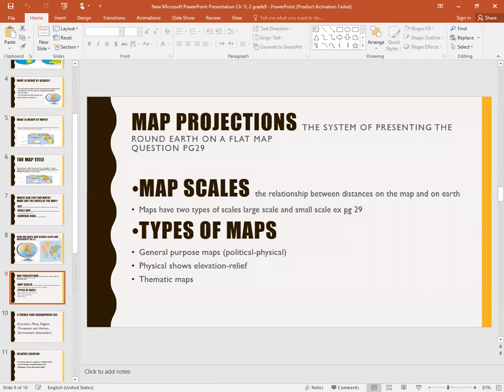Thank you very much. As we said, map projection is the system of converting the globe into a flat map. So some of the maps will show us the accurate sizes. If I need to compare or know more about sizes of areas in relation to one another, I will choose this kind of map.